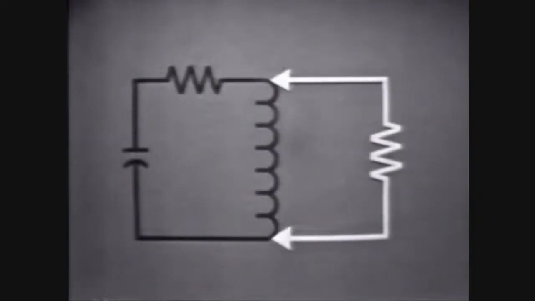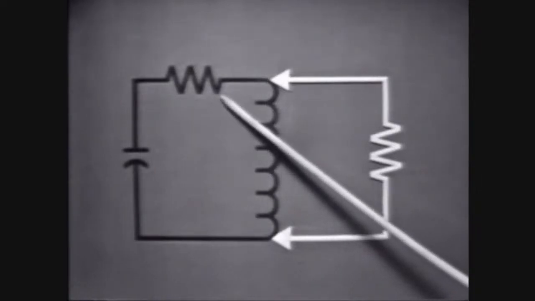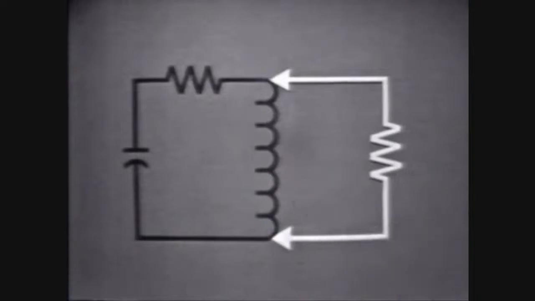One other factor should be considered, and that is loading the oscillator circuit. We can see this effect clearly by looking again at our basic circuit. We've already pointed out that the feedback overcomes the loss caused by the internal resistance of the circuit, which is small when a high Q tank is used.